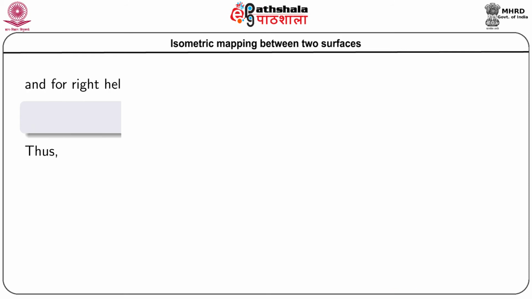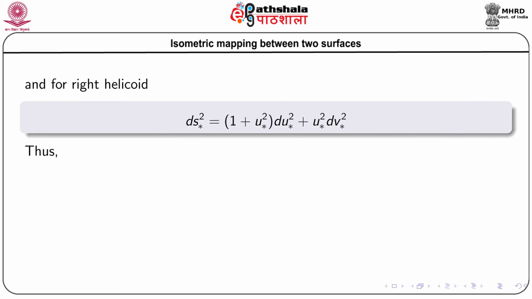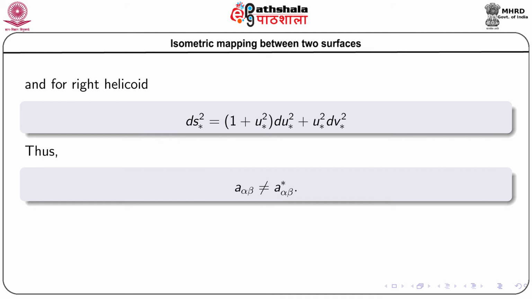But for the second surface, for the right helicoid, we have the first fundamental form is this one. So, here A alpha beta, that is the coefficients of the first fundamental forms for both the surfaces, are not equal. So, A alpha beta is not equal to A star alpha beta.